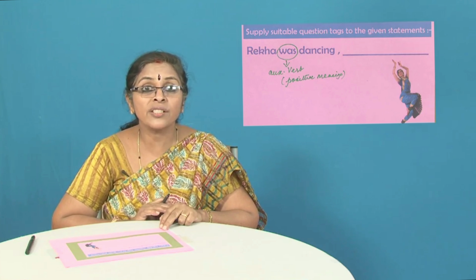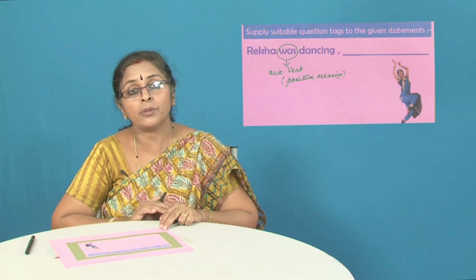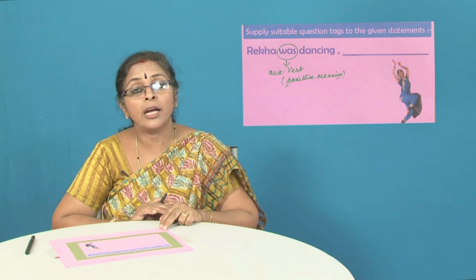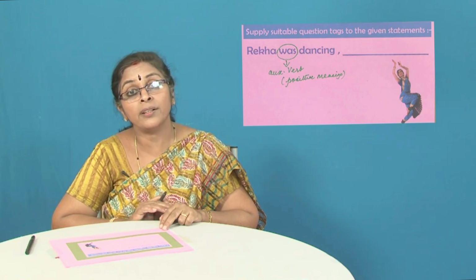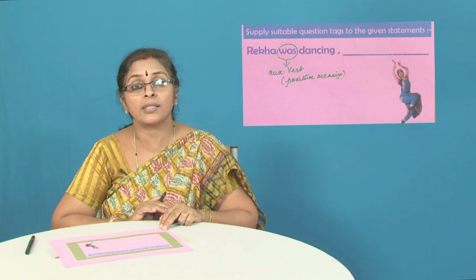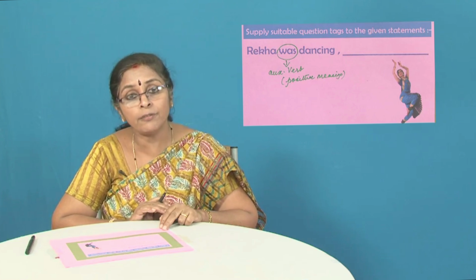Do not change the auxiliary verb, because if you change the auxiliary verb in the question tag, then the entire question tag is marked wrong and you are not even going to be awarded half a mark. You will lose 1 full mark if you do not make use of the same auxiliary verb either in its positive form or in its negative form.